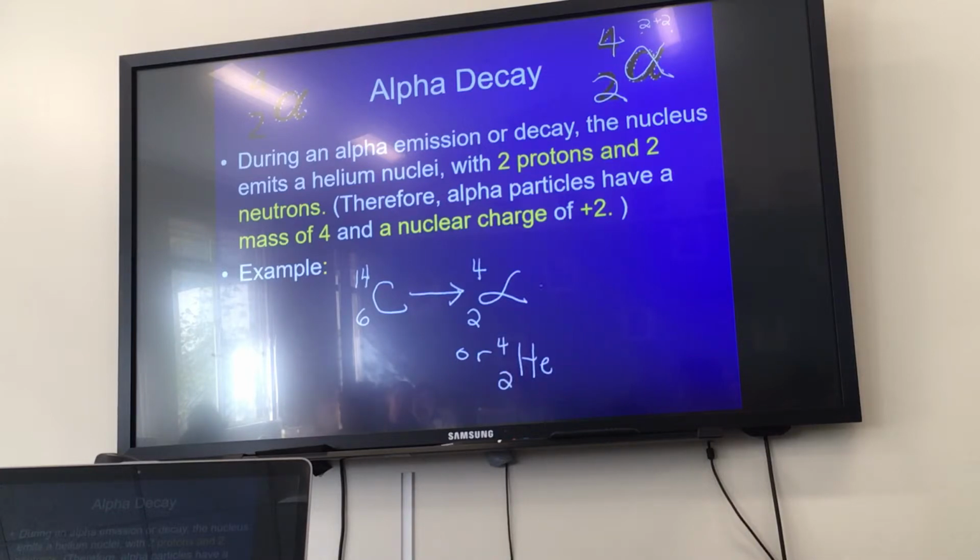It's the same thing. I have to keep the top numbers the same and the bottom numbers the same.